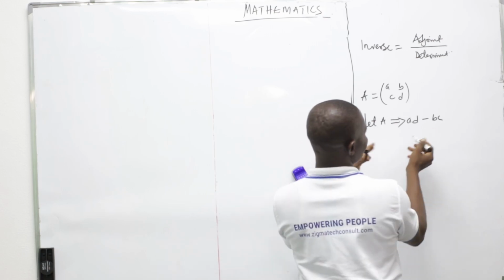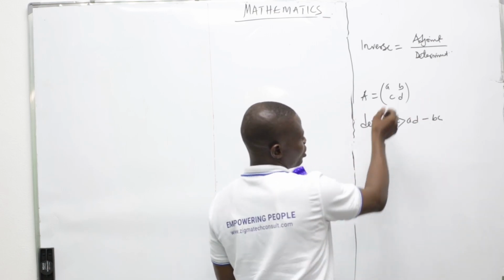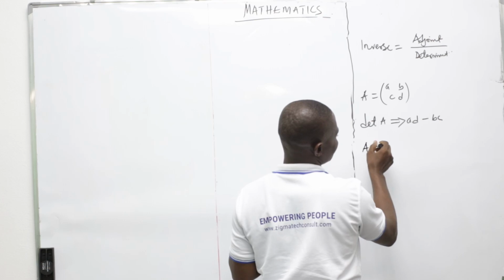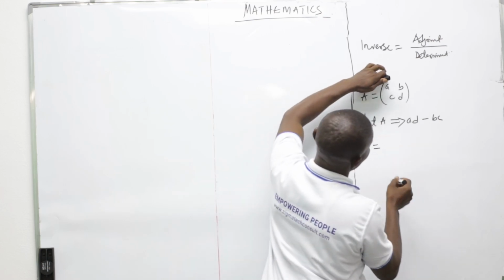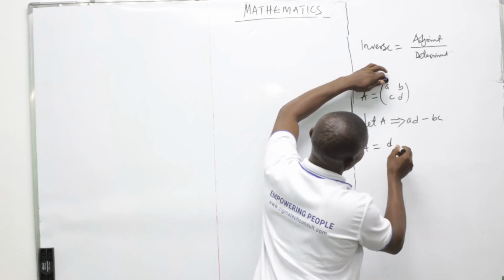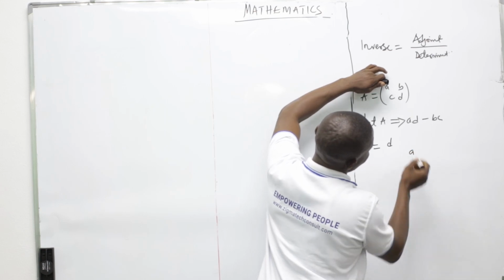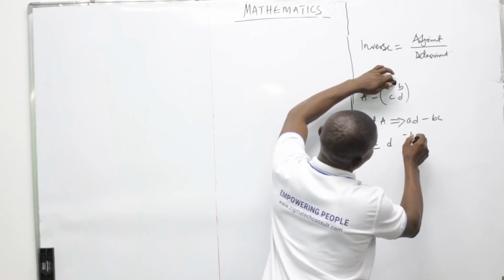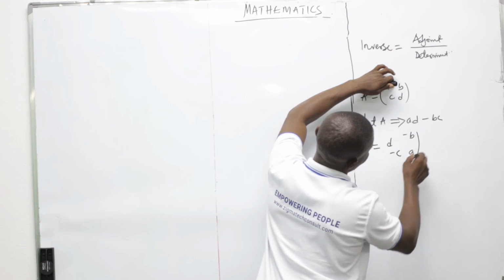What next? Changing of position for the matrix given. That is, the position of A becomes D, while the position of D becomes A. For B and C, introduction of minus.